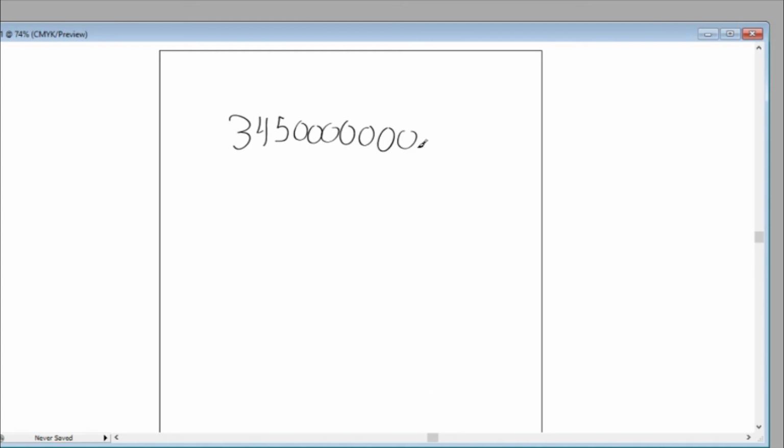So what I do to put this into scientific notation is I say, all right, the decimal's right here right now, and I want to move this 3, 4, 5, 6, 7, 8, 9. I want to move this until I get the decimal to have only what we call one significant digit in front of it. Or for the purposes of this class, just one digit in front of it. Okay?